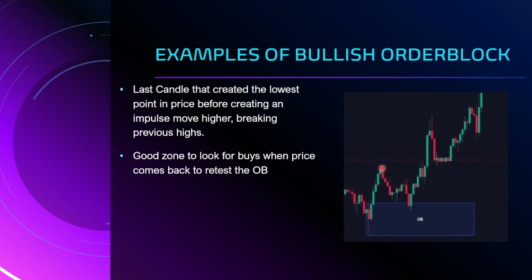That is why this last candle here is our order block, we can draw our order block around that. Now, what we can expect is this zone will be retested. Once price breaks out of this zone, we can expect price to come back in, retest, and then continue for the buy in this bullish movement.